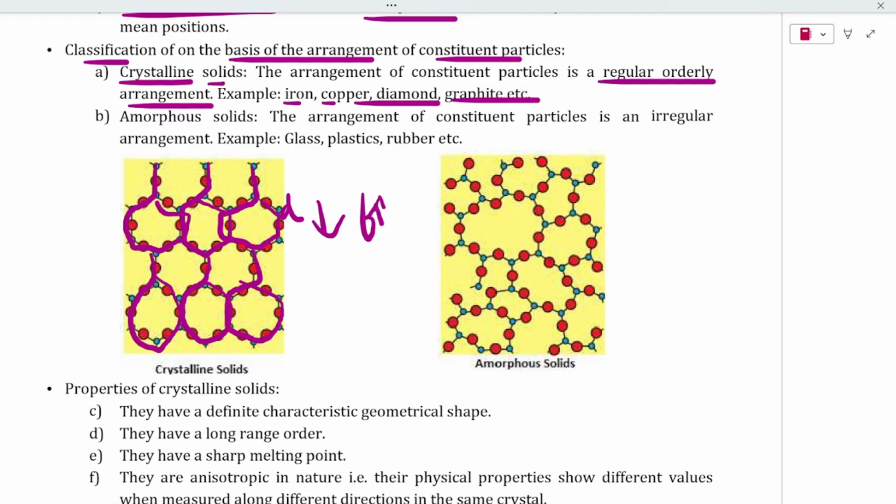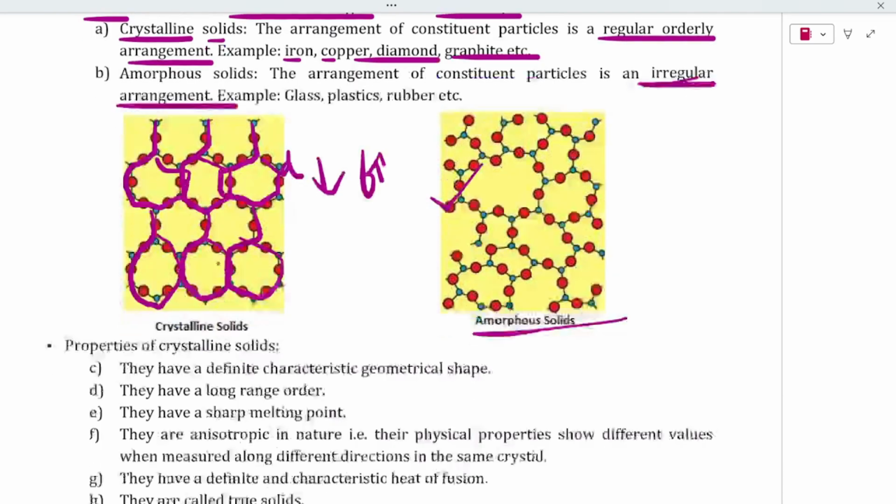If you come to amorphous, it can have any irregular arrangement. As the name suggests, irregular means it does not have the pattern we saw previously. Here it may be like this, or like this, some irregular arrangements can be there in amorphous. That is the major difference between amorphous and crystalline.